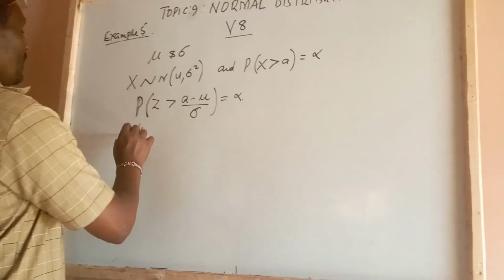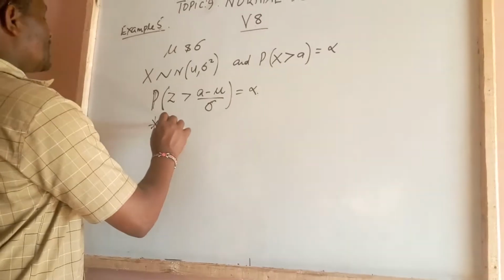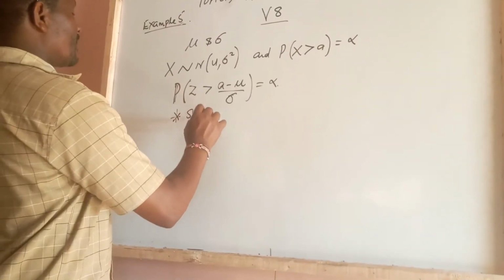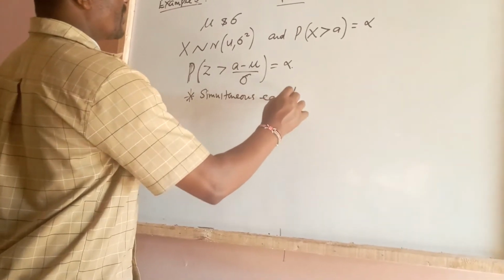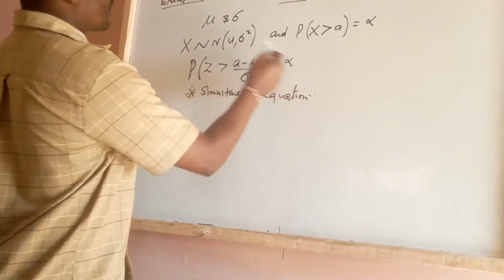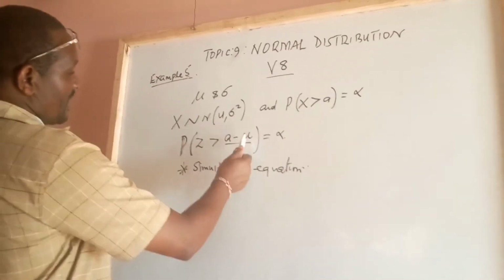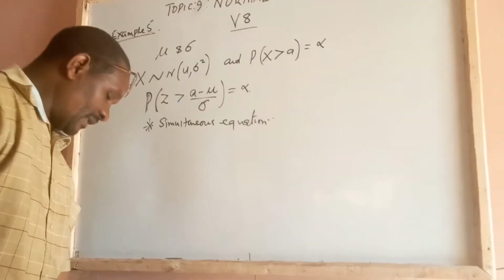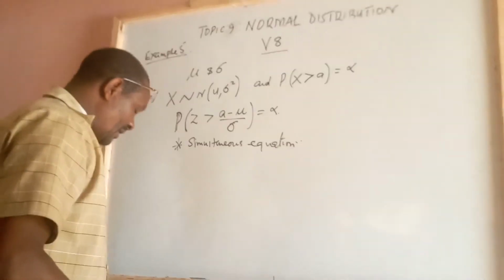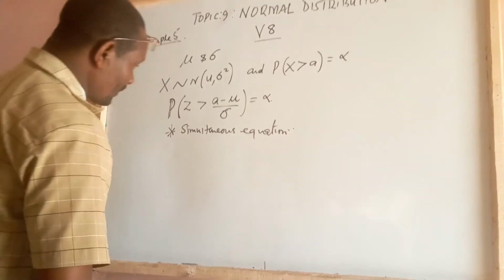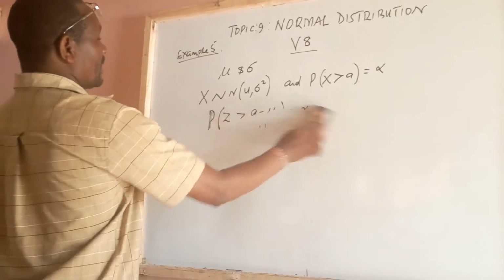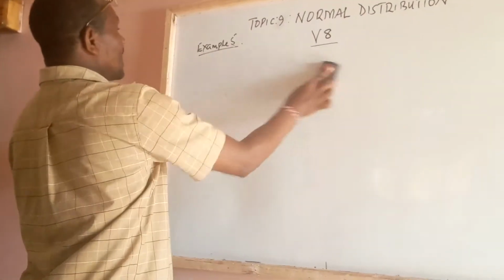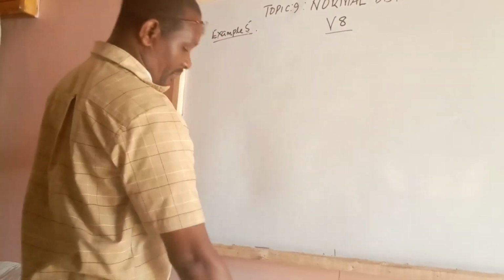We have to form simultaneous equations, because you can already see that we have two unknowns, the mean and the standard deviation. And this one is going to be seen in example 5. So let's see what is in example 5.